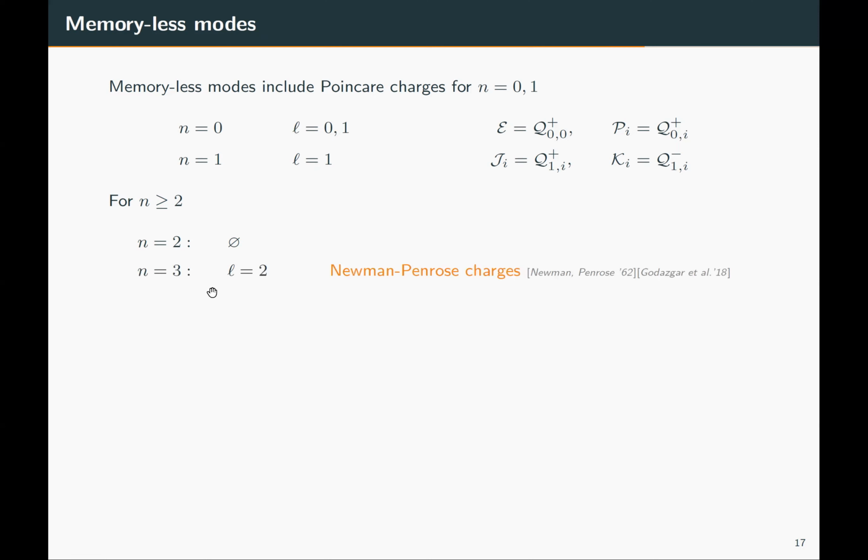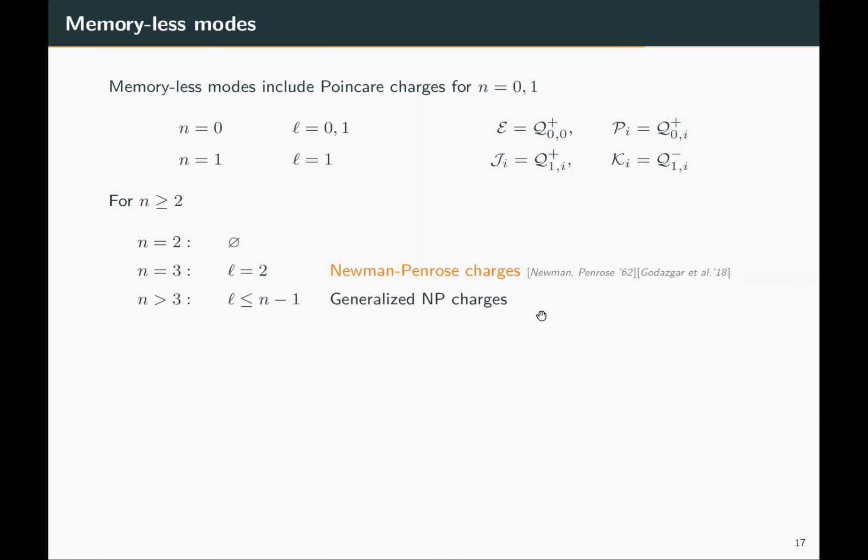But for n equal 3, you can show that the L equal 2 modes are in this set. And you can show that actually these charges are the Newman-Penrose charges that were defined in the 60s. And this was actually proved by Godazgar, Godazgar and Pope in 2018.